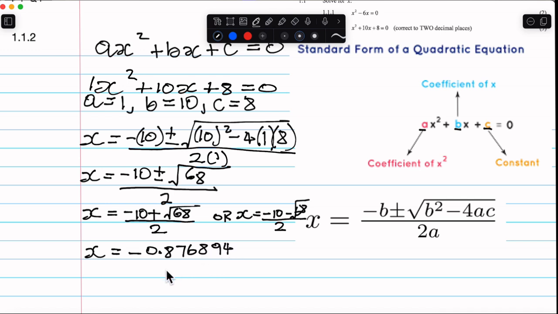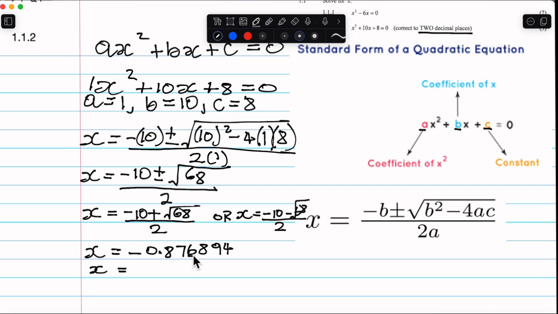0.876894. Okay, so as you can see, this is a negative irrational number. The instruction is to correct to 2 decimal places. So let's do that for our first value of x. So when we correct to 2 decimal places, we go, okay, decimal point, 1, 2, and then we look at the immediate digit after the digit in the second decimal place, and we evaluate it.